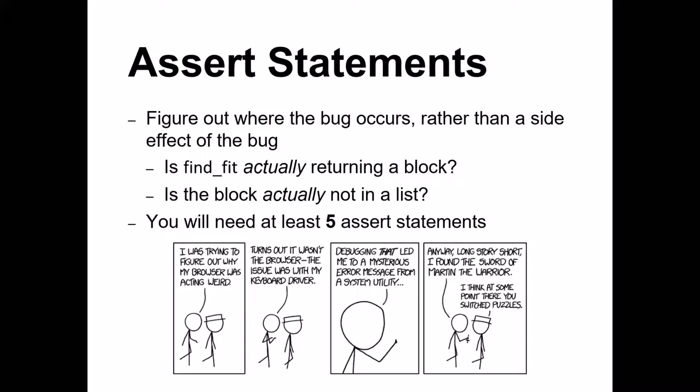Like if you want find fit to return a certain block, you can assert that it's returning a block of a certain size, or when you're testing for specific implementations, you can even test if it's returning a very specific block. You need to write 5 assert statements. If I recall, my implementation had about 20 assert statements, so it does become more useful than an actual requirement.